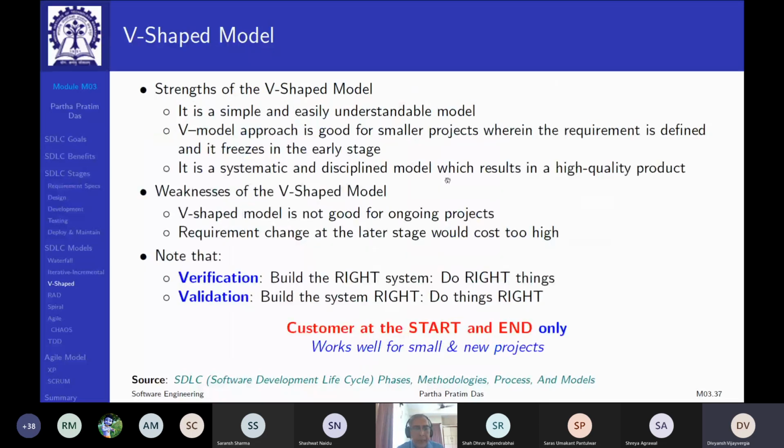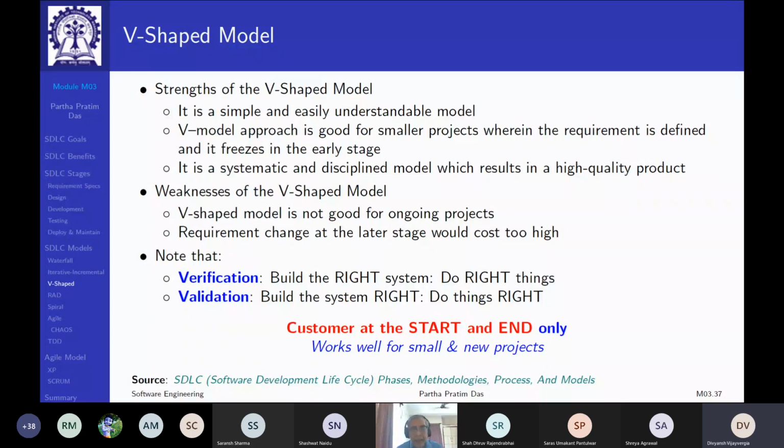So it is a simple, easy, understandable model. It's good for small projects, but V-shaped model is not good for ongoing projects. Like if you already have a system which is implemented, deployed, and you are fixing bugs on that, or you are working on a major enhancement for that, then the V-shaped model will not be good because all these progressive definitions will not be applicable.